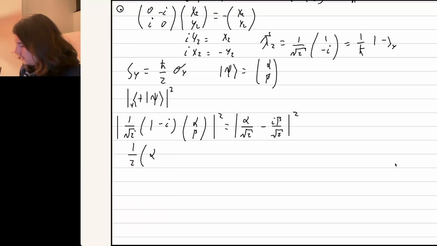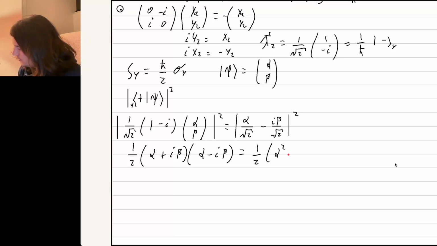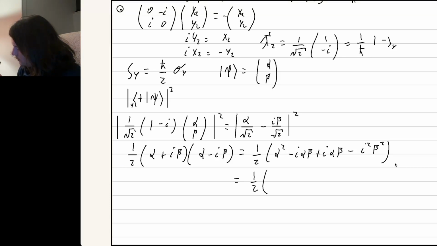It'll be alpha plus i beta times alpha minus i beta, which whenever you do that, you'll end up with alpha squared minus i alpha beta plus i alpha beta plus, it's actually minus i squared beta squared, which is 1 over 2 alpha squared plus beta squared.